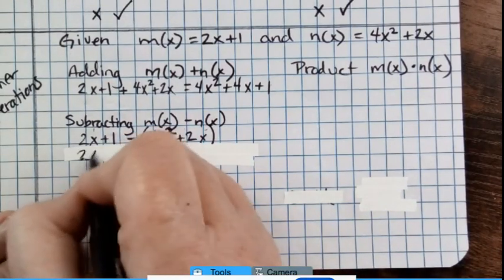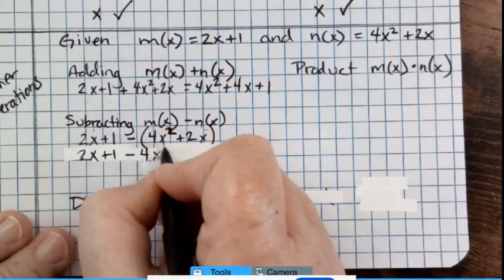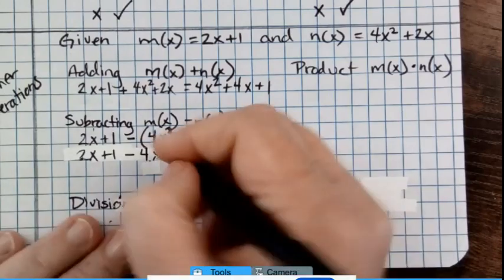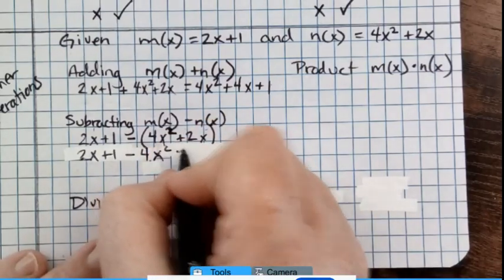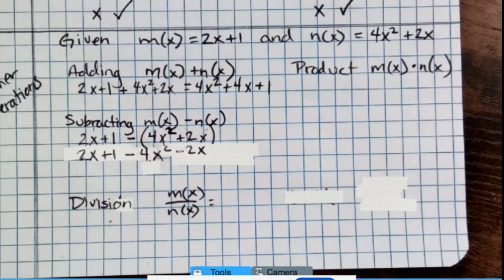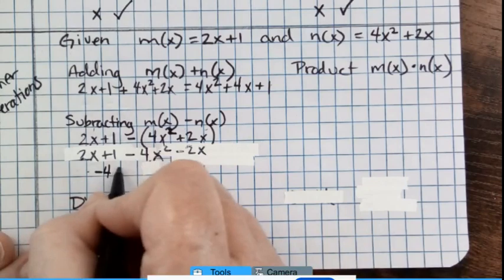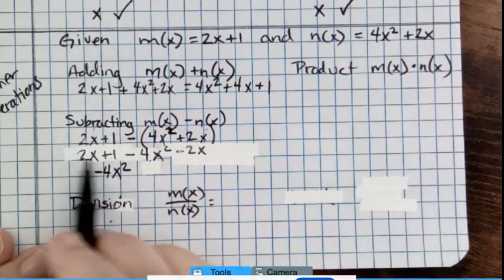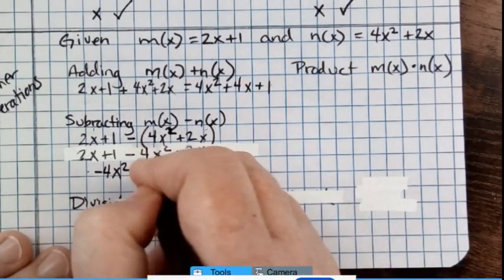So we've got 2x plus 1 minus 4x squared, and then minus also 2x. Now you can combine your like terms. I typically write my x squareds first. So I've got negative 4x squared, 2x minus 2x. Those actually canceled. So plus 1.